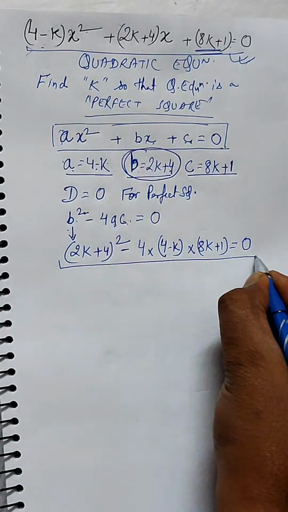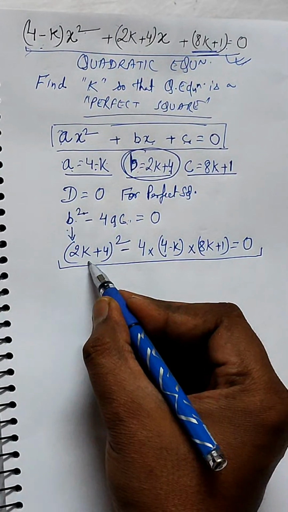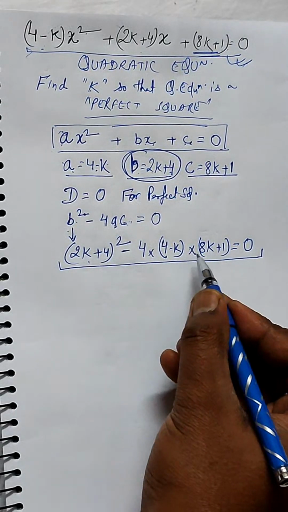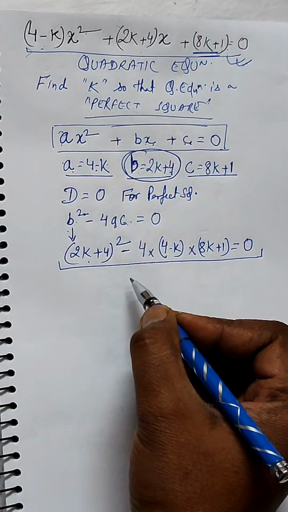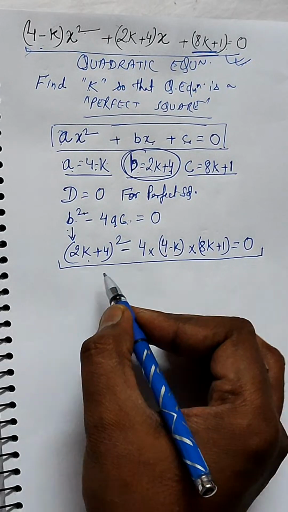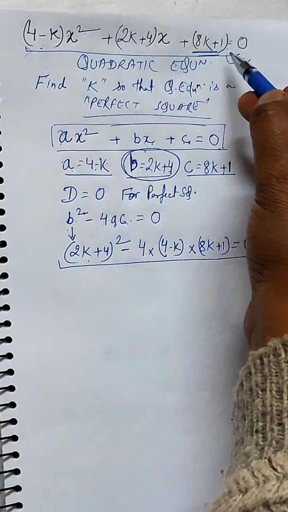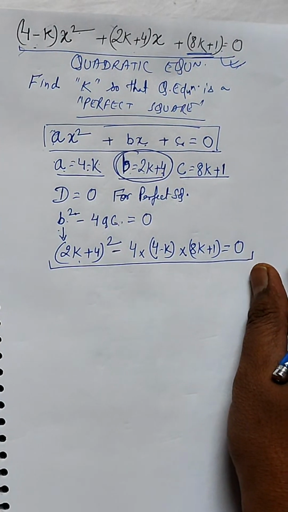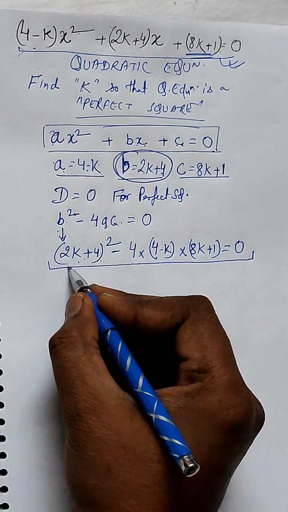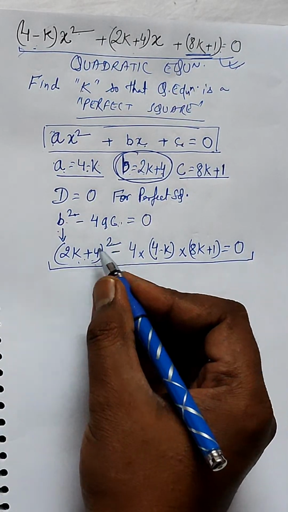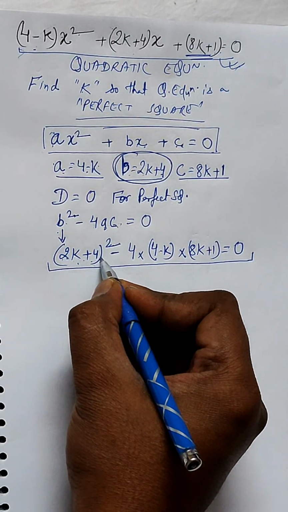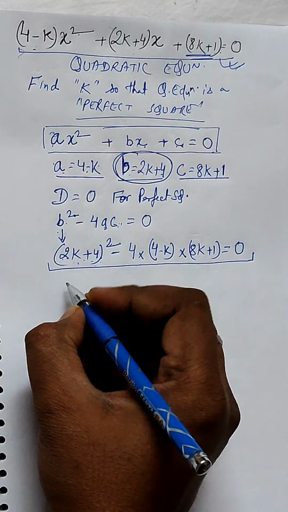So 8k plus 1 will be multiplied over here, and this should be equal to 0. You can see here we have a new equation with the variable k. Just solve it to get the value of k, and that value of k will make this quadratic equation a perfect square. Now just solve it. You can see 2k plus 4 whole square is in the form a plus b whole square. So take 2 common from 2k plus 4.